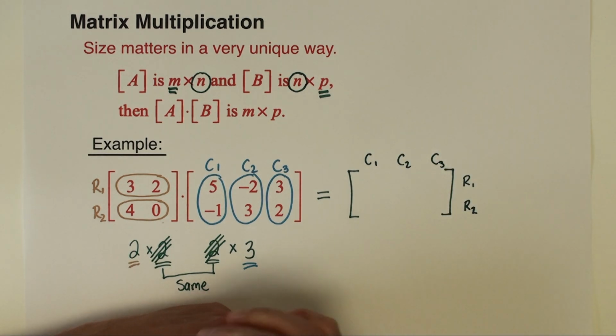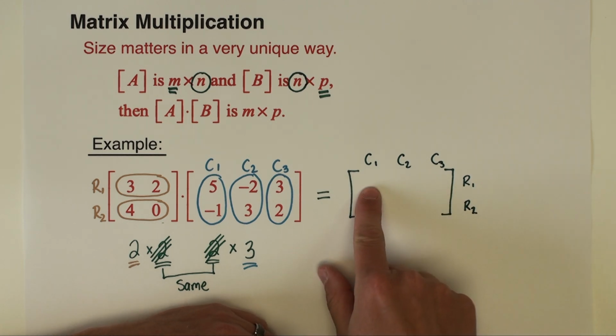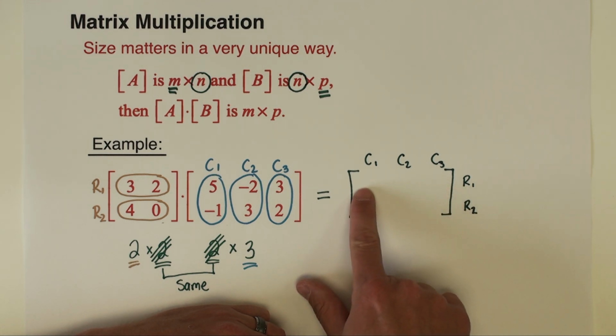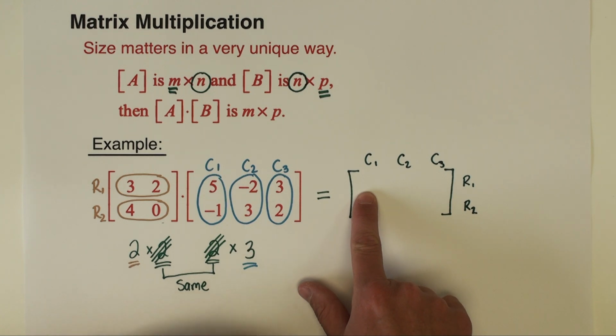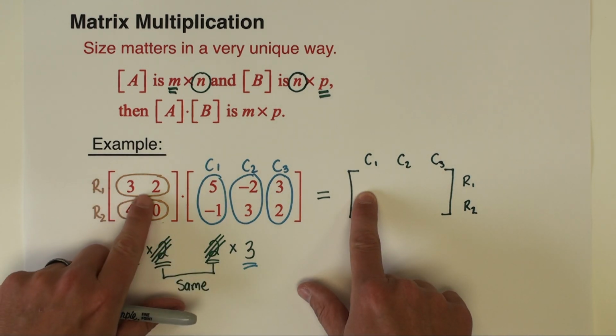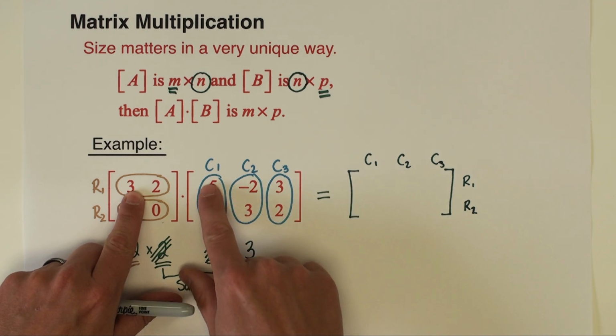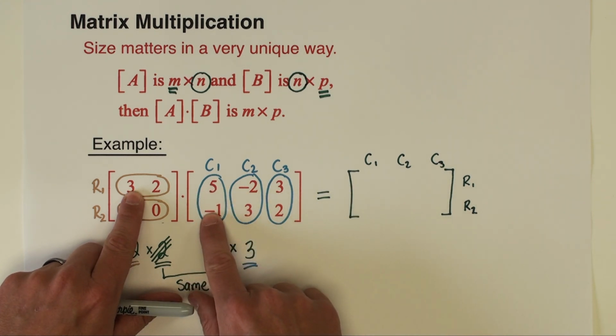As I begin the process of multiplying these, I'm going to start with the first entry of the product. This first entry is going to be found in row 1 and column 1. So I'm going to take all the numbers in row 1 and all the numbers in column 1, and we're going to multiply and add those together in a very specific way.